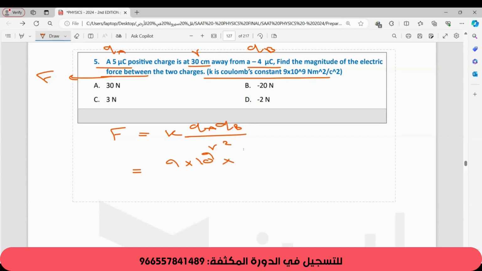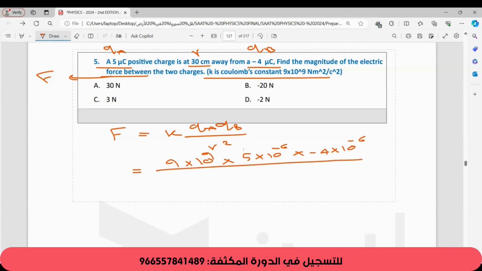Micro, how much equivalent to what? 10 to the power what? Yes, it is -6. Thanks, Simon, for this. So 5 times 10 to the power -6. Times, here we have a minus, -4 times 10 to the power -6 again, because it is micro.